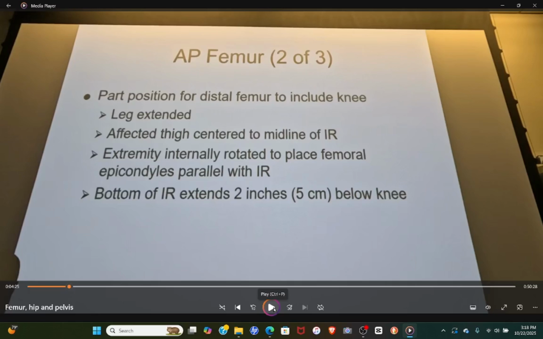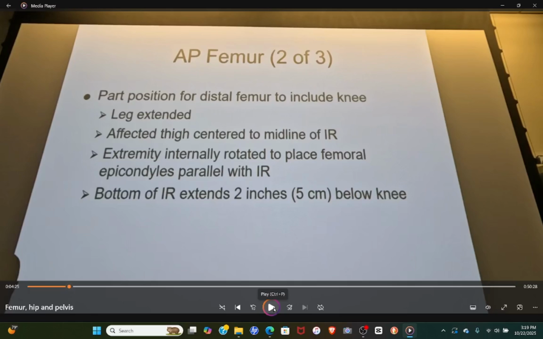So in both cases, if it's an AP projection of the femur, an AP projection of the pelvis, or if you look on page 390, an AP projection of the hip, all three of those are going to say 15-degree internal rotation of the toes.